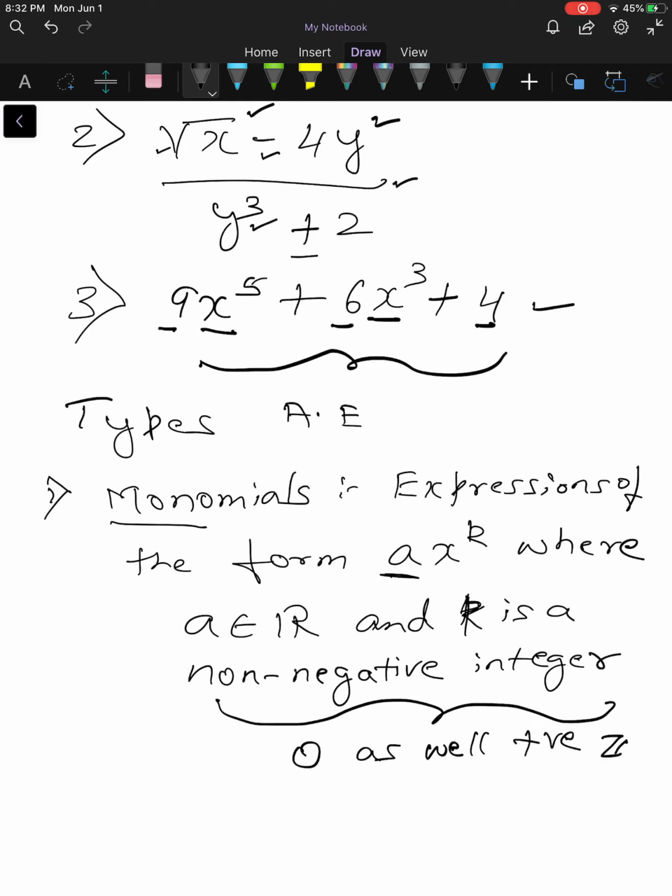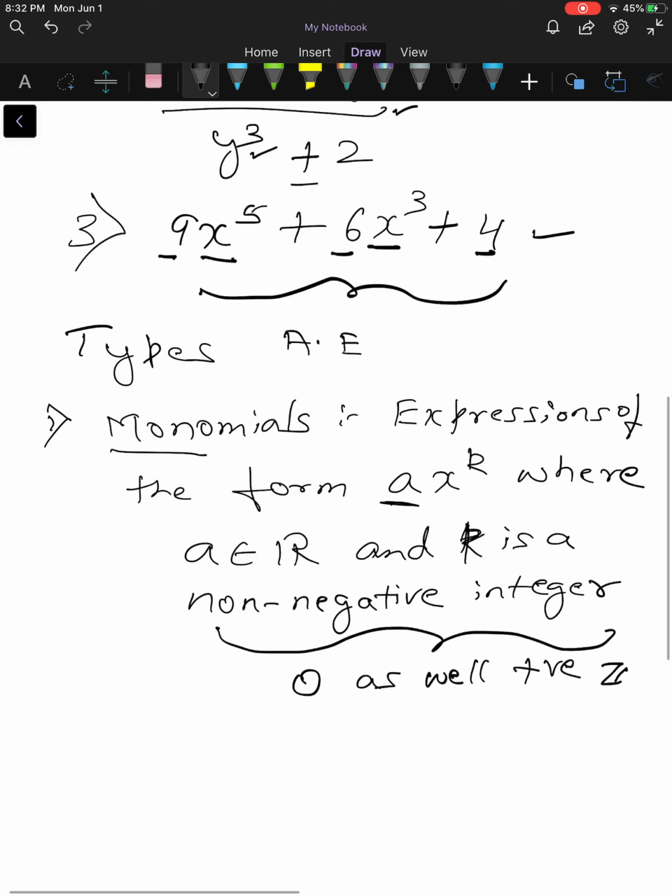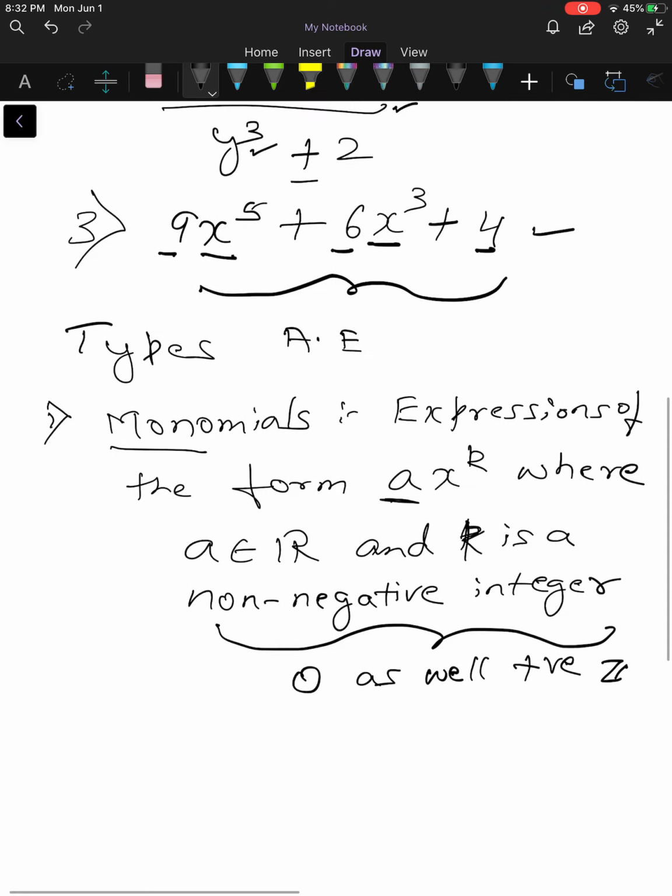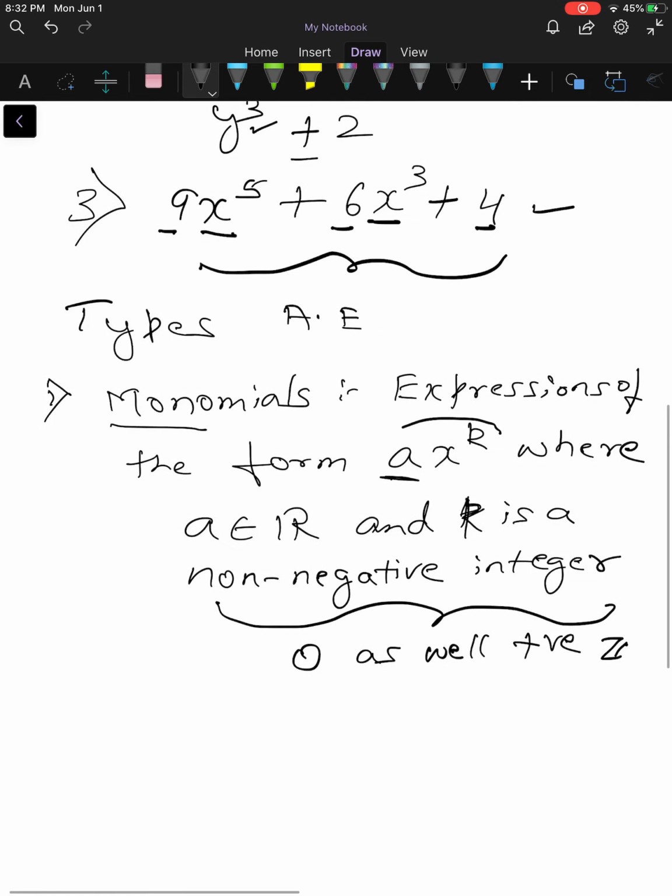And if you say only negative integers, it will include only negative numbers but not 0. If you say only positive integers, it will include only positive numbers but not 0. If you say non-negative or non-positive, that includes 0 as well as positive or negative accordingly. This is a monomial. Therefore, there is only one term.